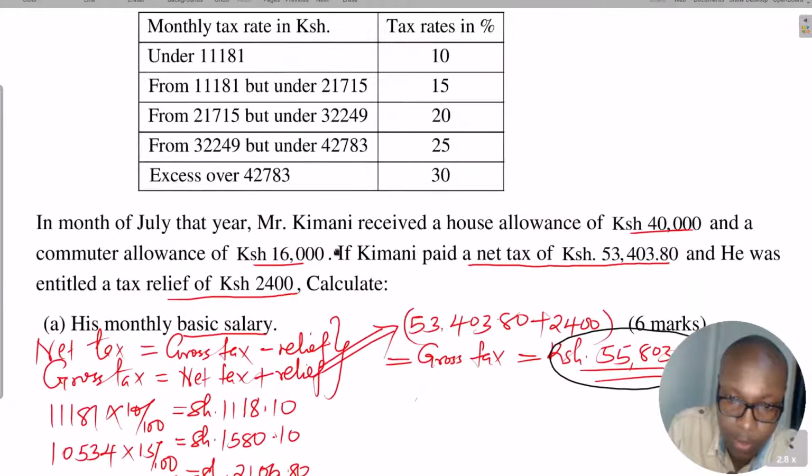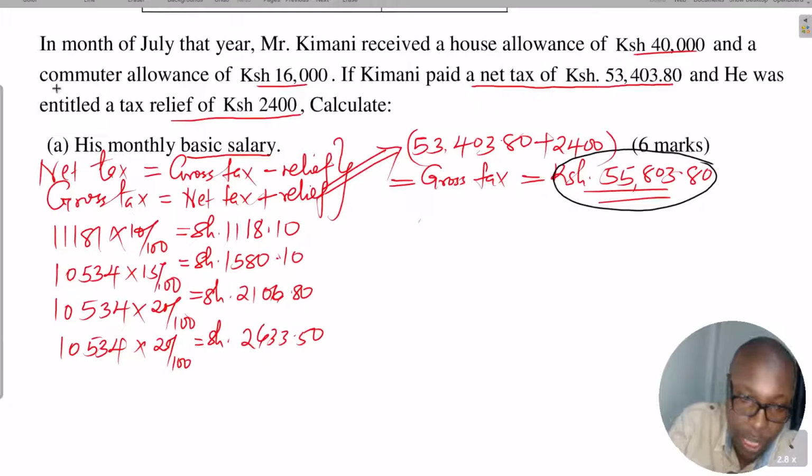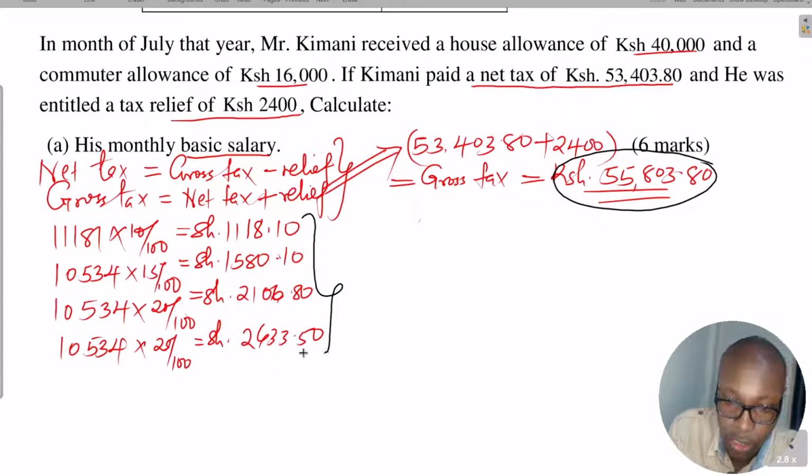We are remaining with the last band. So we need to get the tax that we have obtained so far, and then see what is remaining. We shall add everything from the first one up to that point. So we add 11,118 and 10 cents plus 1580 and 10 cents plus 2106 and 80 cents plus 2633 and 50 cents.